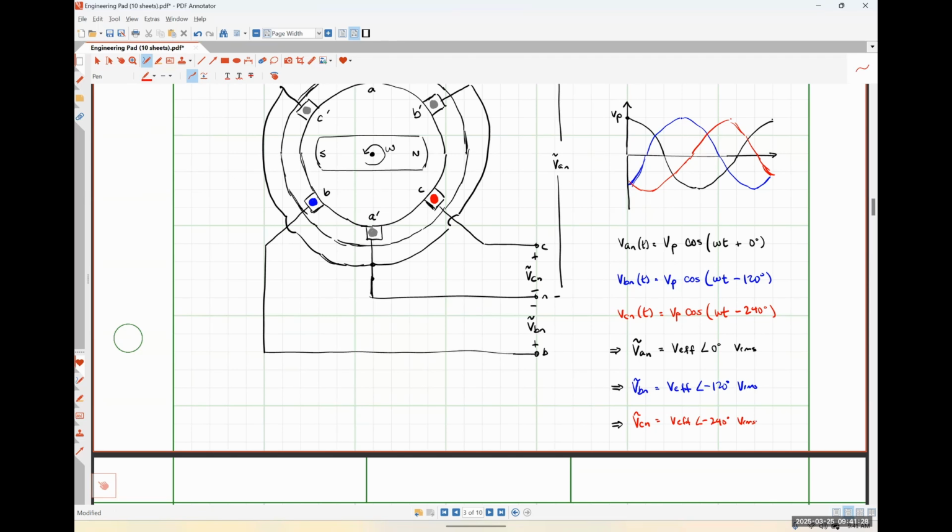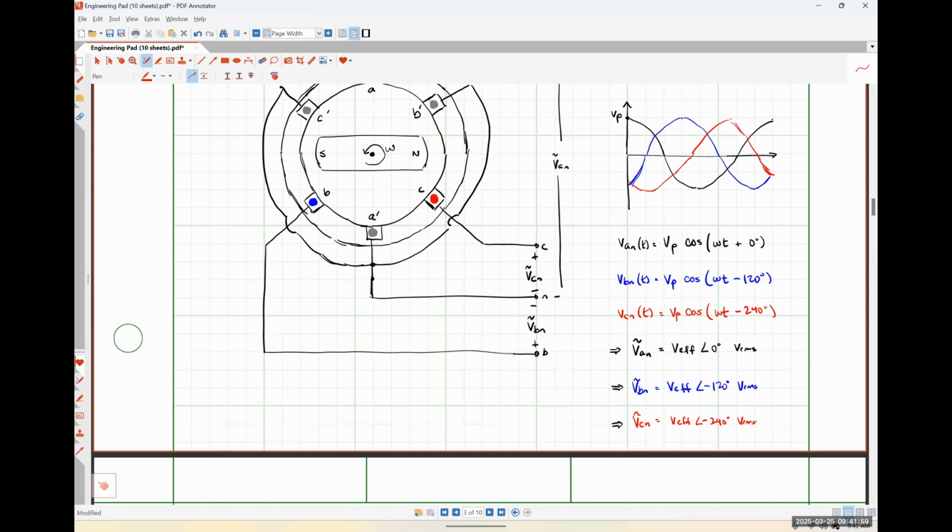So I want you guys to add those three things together. So just use literally the number 1 as V effective and tell me what you get. One angle 0 plus one angle negative 120 plus one angle negative 240.